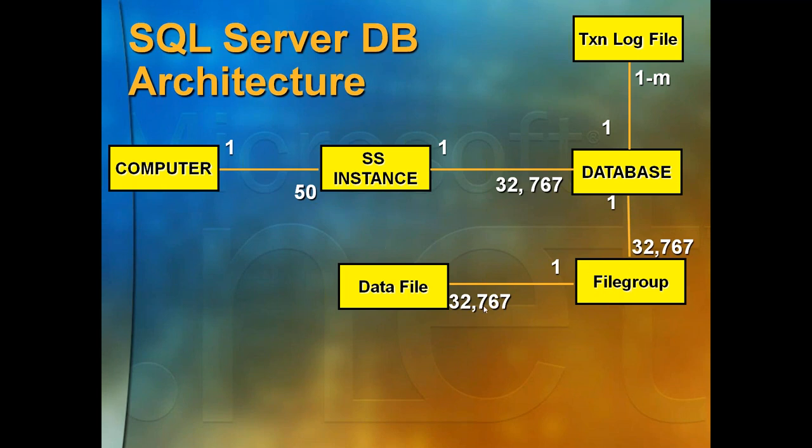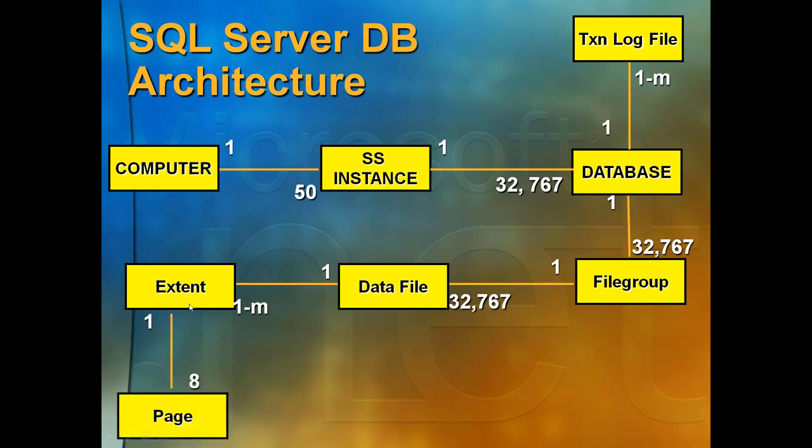In one file group, you can have 32,767 data files maximum, and one data file will have one or more extents, and one extent is nothing but 8 pages. 8 pages are called one extent, and one table's data is going to occupy one or more pages.